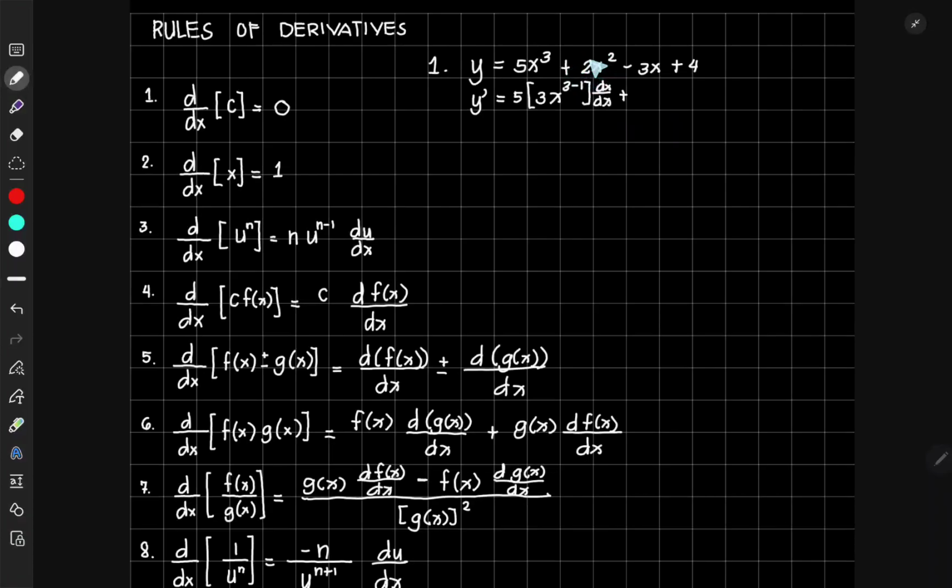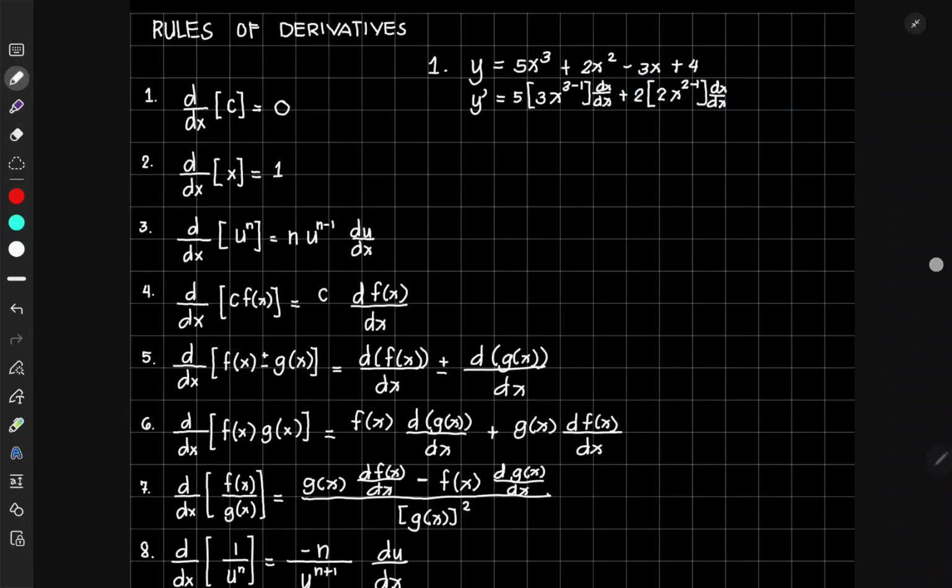pwede nating ilabas yung 2. So, we have 2. Then, multiplied by yung exponent natin dito, which is 2, bring down. Then, we have x raised to 2 minus 1. Again, get the derivative of x. We have dx over dx.